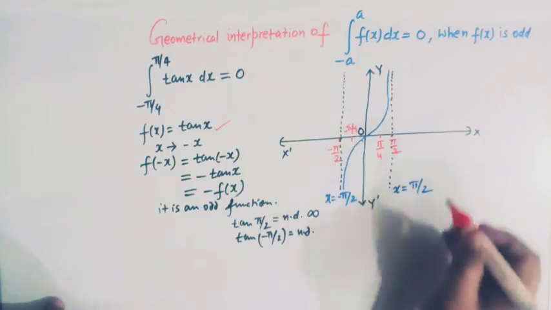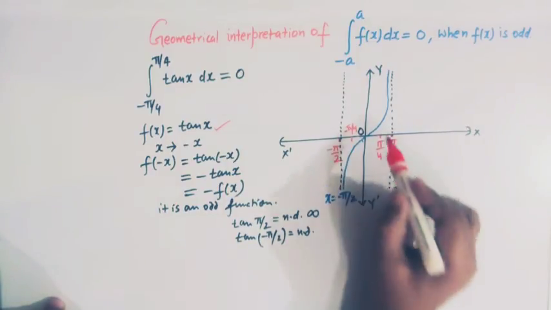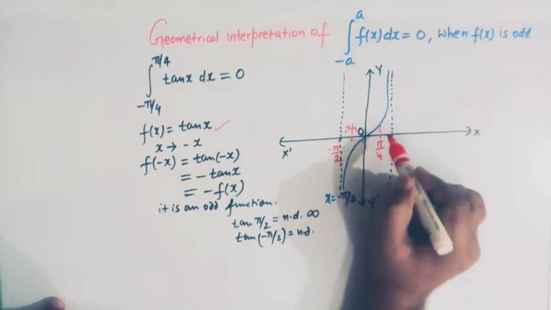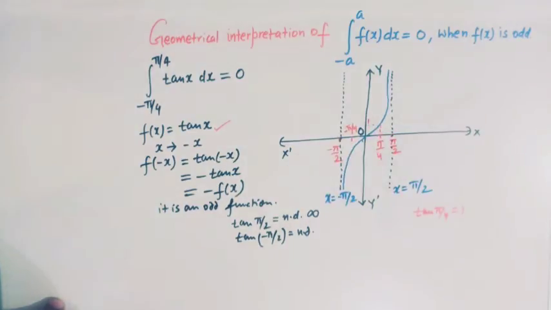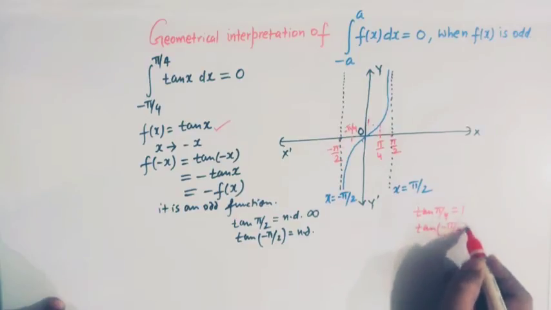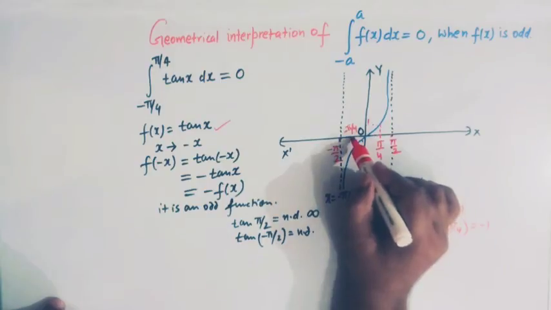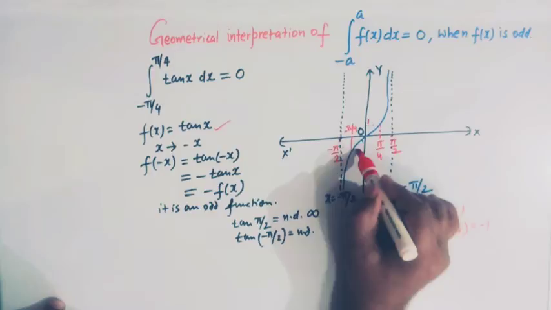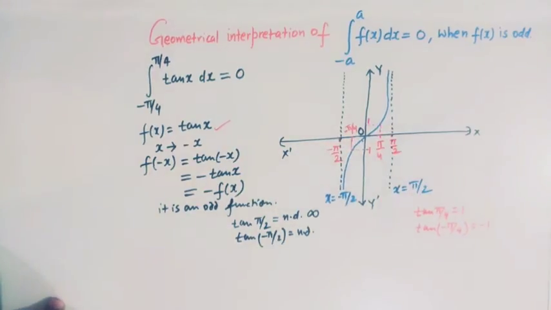Now the value of tan pi by 4 is 1. So here we have x equal to pi by 4, and this value is 1, right? And tan of minus pi by 4 is minus 1, right? So here we have minus 1 and here we have plus 1, right?